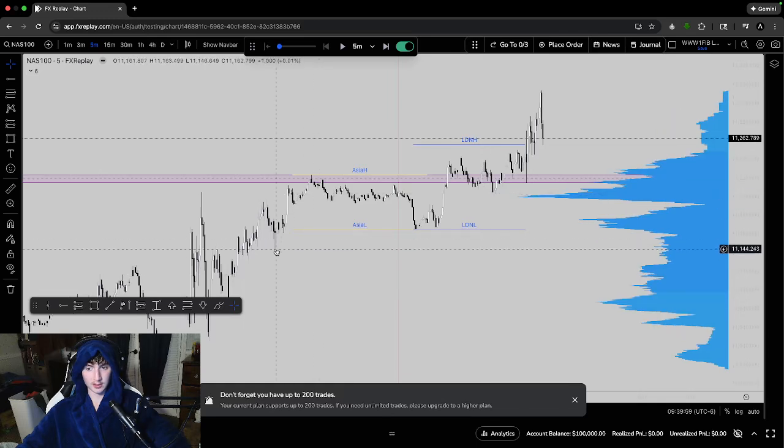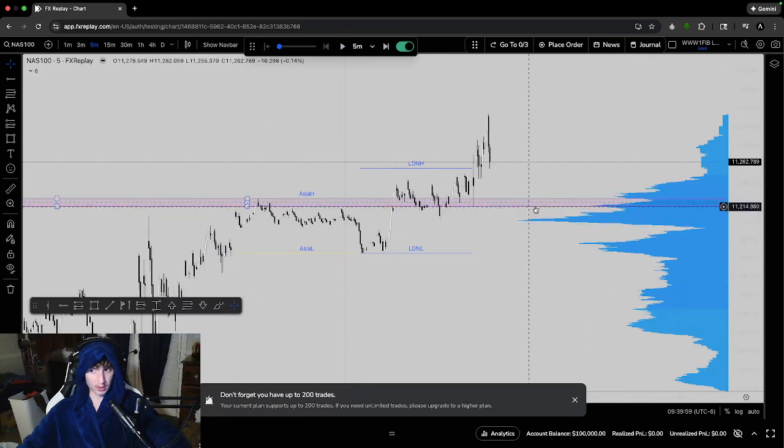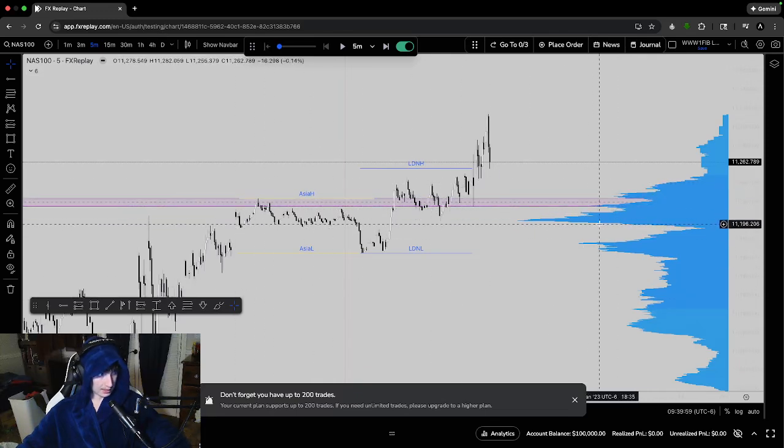So this would be resistance, this would be support, and we're gonna be backtesting that with order flow, meaning this right here. So there's a level of support and a low volume node, then we take a trade off that basically.